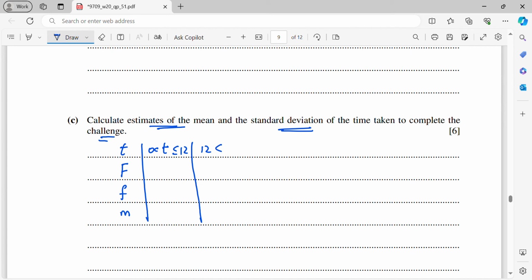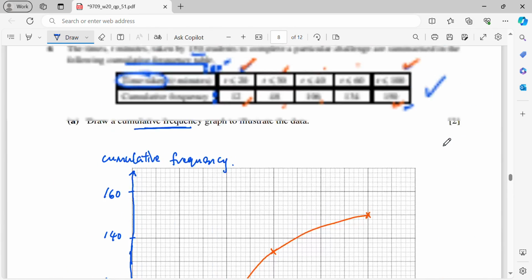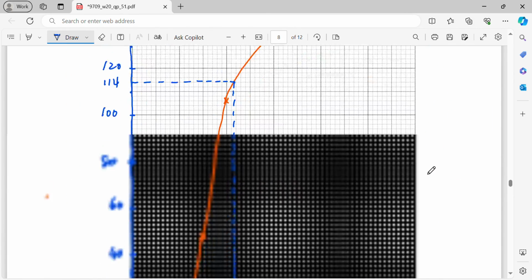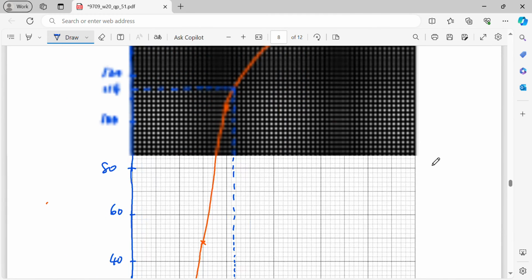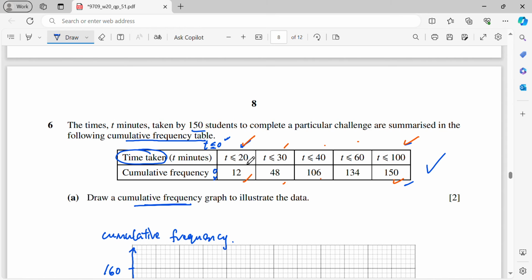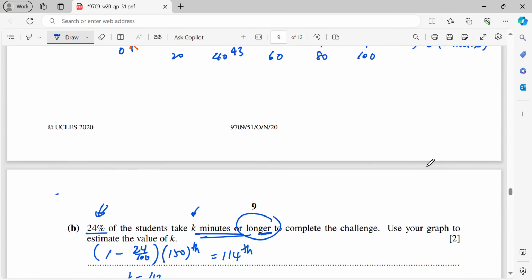And then from 12 to 30, sorry, not 12, it's 20, okay? 20, 30, 40, 60, 100.